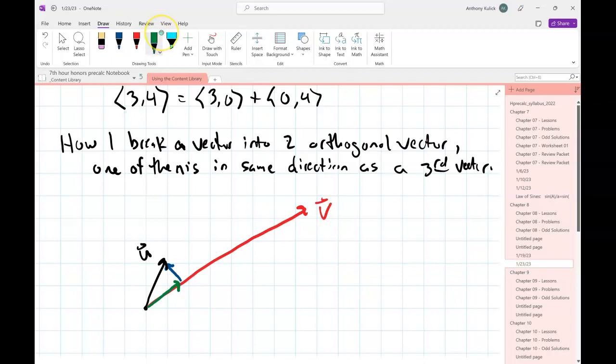The vector in green we're going to have a name for. We're going to call this the projection of vector u onto vector v. So the v is the subscript, what we're projecting onto is the subscript, and the vector that we're projecting is the argument. So we're projecting u onto this other vector v.